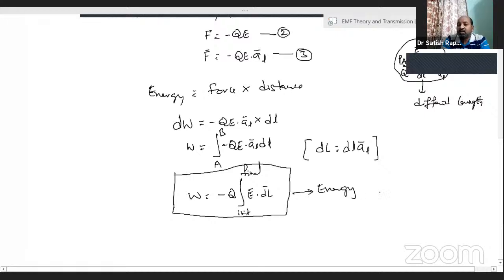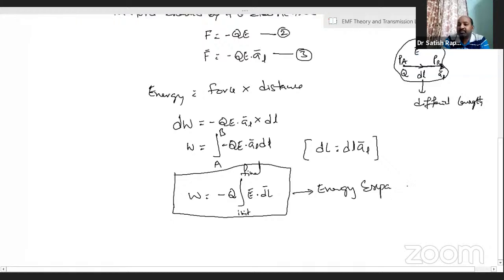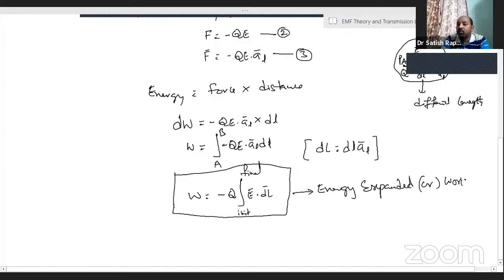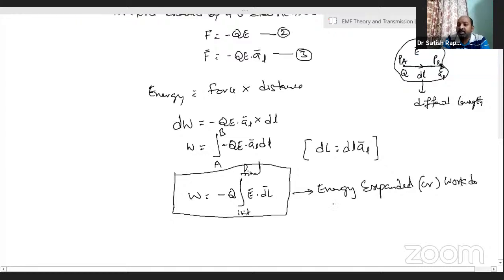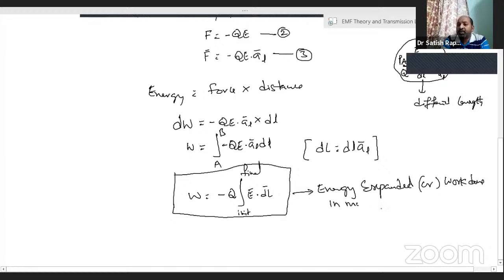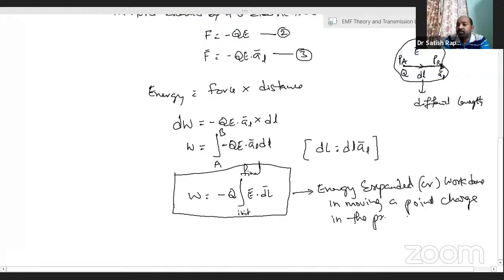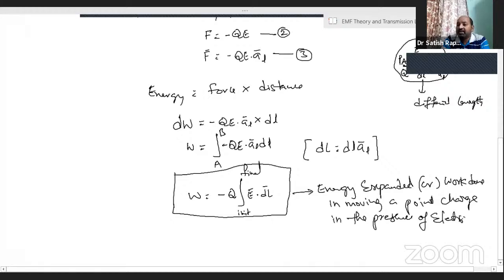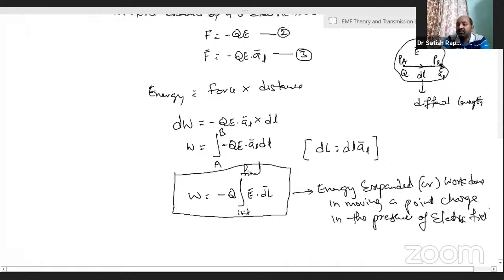So this is the energy expended, or work done, in moving a point charge in the presence of an electric field.